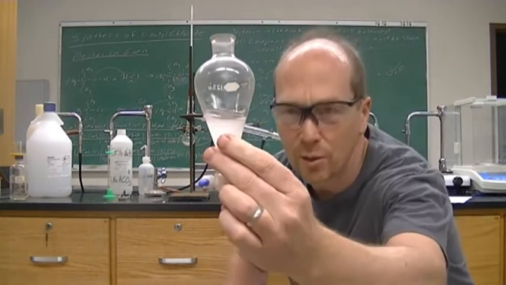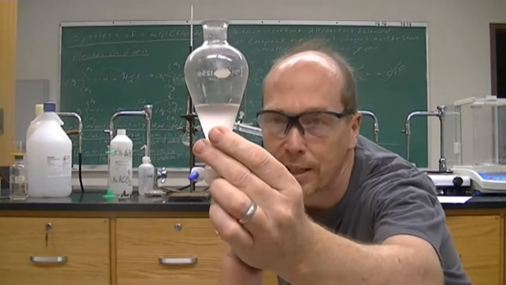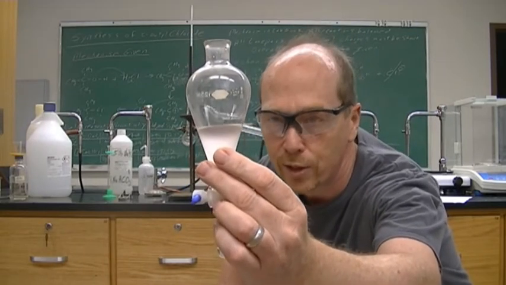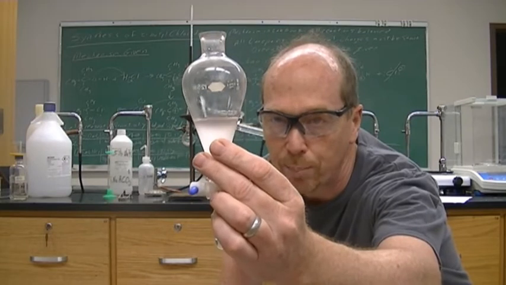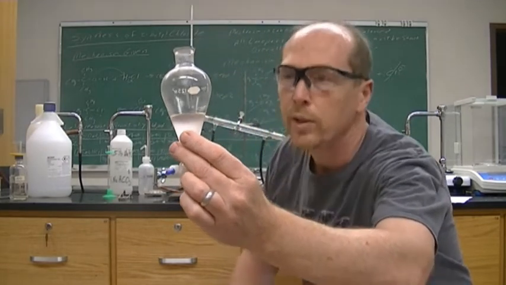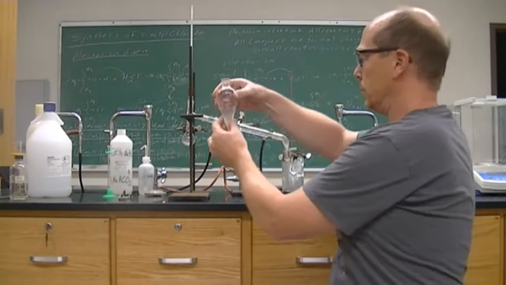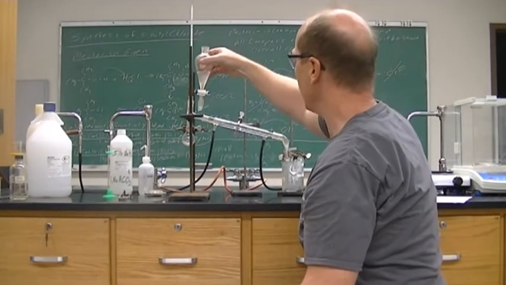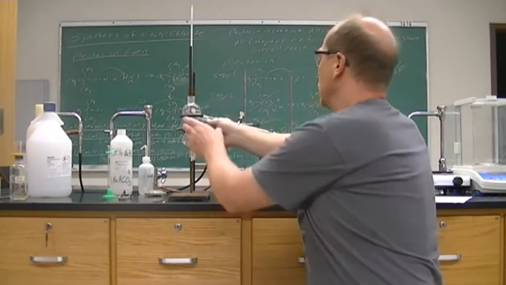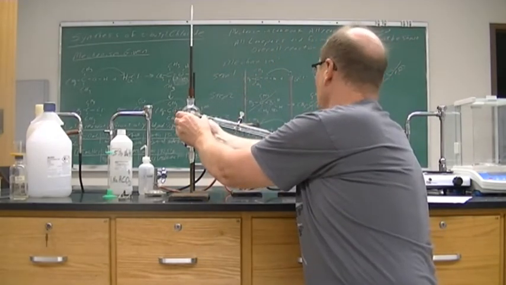All right, I can barely see it, but the top layer is a clear liquid versus the bottom layer is a cloudy layer. So we do have the two layers, and let's see, I'll lower this down. I'm going to collect that in that beaker there.